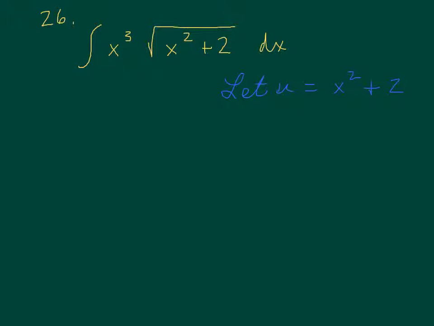So if U is equal to x squared plus 2, then U minus 2 would be equal to x squared, and the square root of U minus 2 would be equal to x. Now that is providing that x is a positive value.